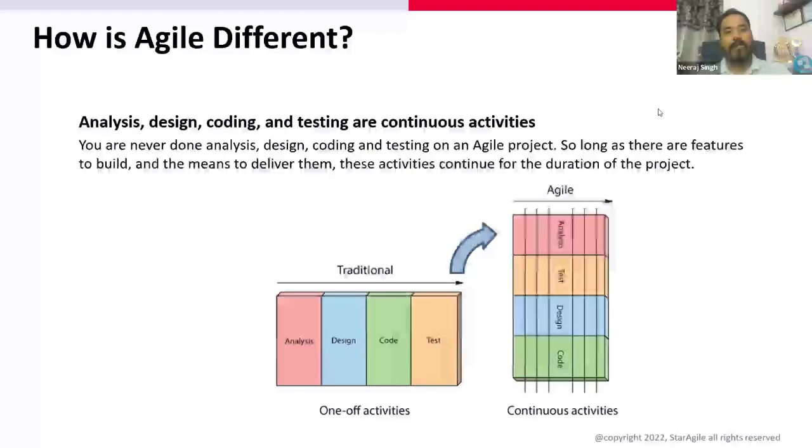In Agile, we just inverted or tilted these stages of our regular activities into simultaneous ones. So instead of doing it one after the other, we did it in parallel. That means we take a small piece of work, and in parallel we go ahead with analysis, design, coding, and testing, and this remains continuous, sprint by sprint.